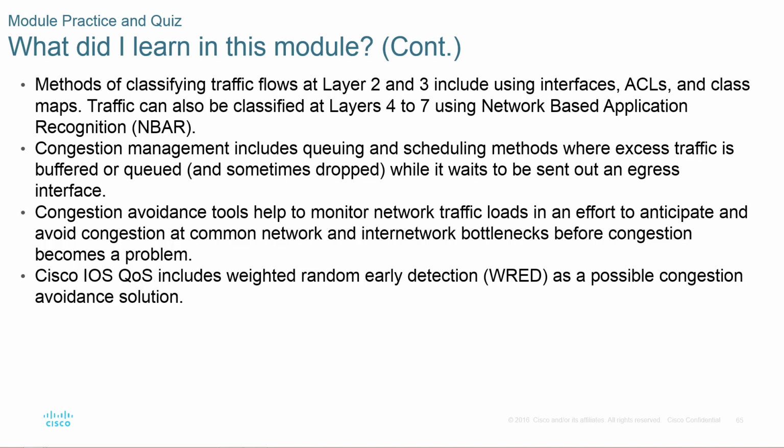And congestion avoidance tools help monitor our network traffic loads in an effort to anticipate and avoid congestion at common network and internetwork bottlenecks before congestion becomes a problem. And Cisco IOS has weighted random early detection as a possible congestion avoidance solution.